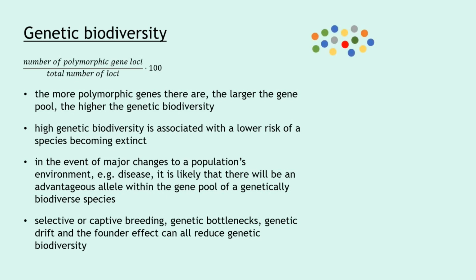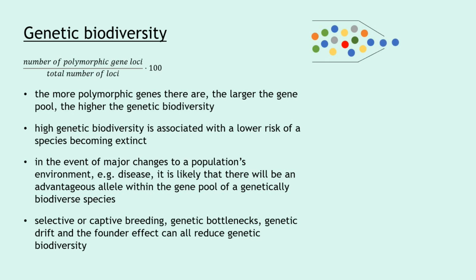So here is a population's gene pool where each coloured circle represents an allele. Here is the bottle and here is the bottleneck. The bottleneck represents this catastrophic event, this major change to a population's environment. And you can see that only one allele will be able to pass through the bottleneck.